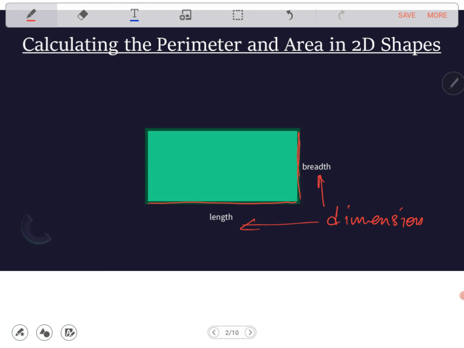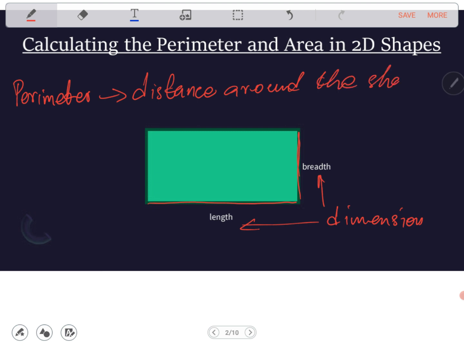So there are a few things that we want to talk about here. First is perimeter. Perimeter is the distance around the shape. So it will be the distance from here to there plus the distance from there to there.